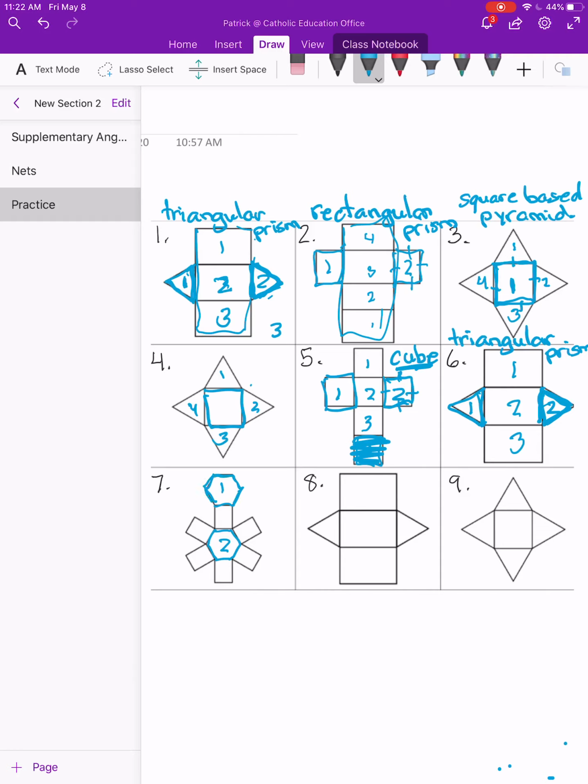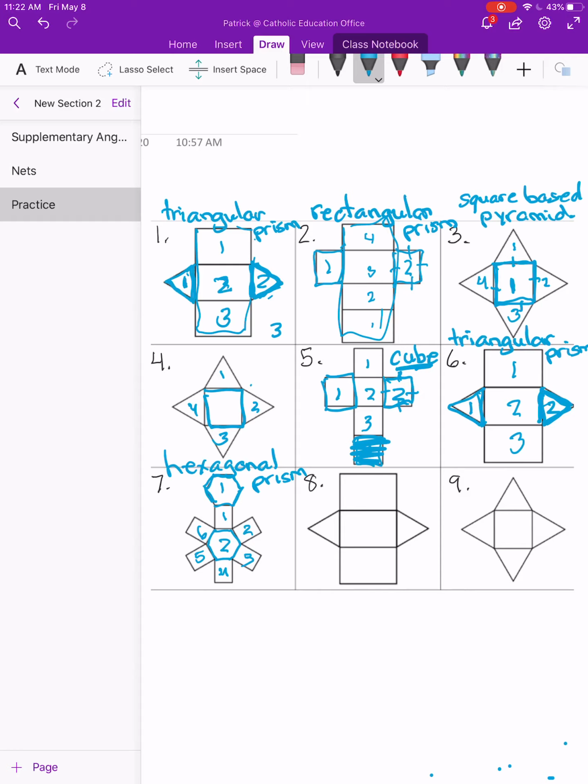Hexagon is on the base, so this is a hexagonal prism. And how many rectangles should there be? There should be 6, one for each side of that hexagon. Let's count them just to see. 1, 2, 3, 4, 5, 6. Yep, that's a hexagonal prism, and these sides all connect to turn it into that.